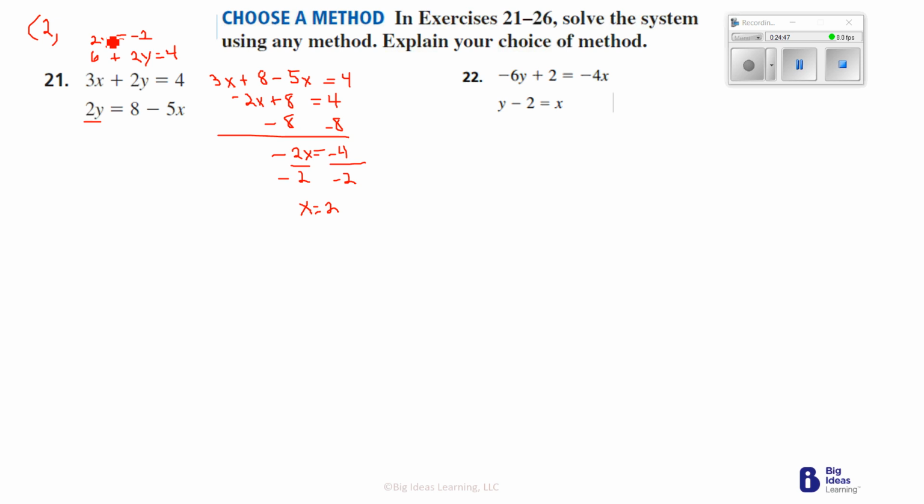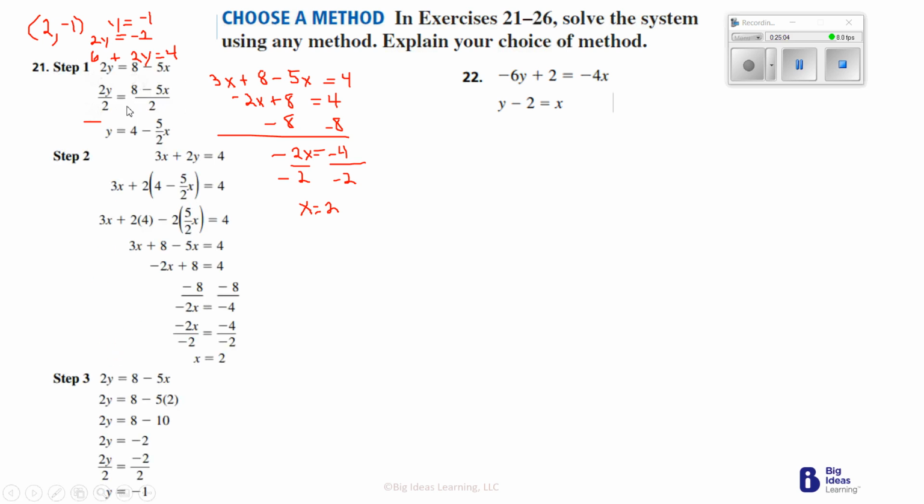And then I would have had negative 2 divided by 2, and y would have ended up equaling negative 1. So I'm going with 2 and negative 1 for my answers. Let's see how that would have worked out for me.